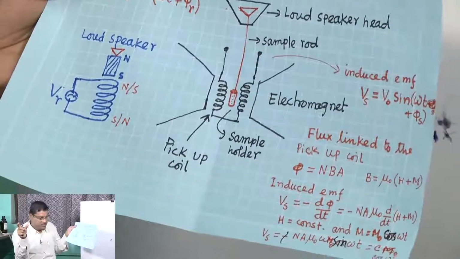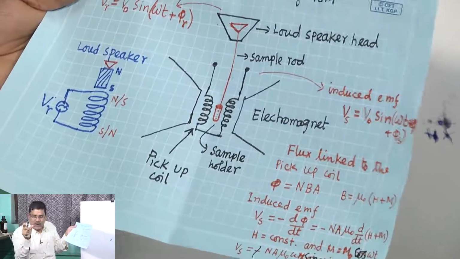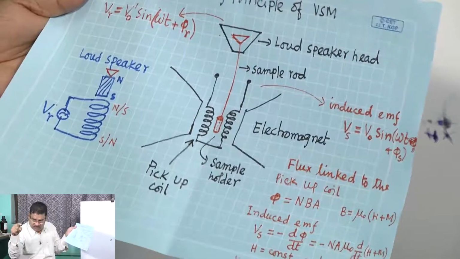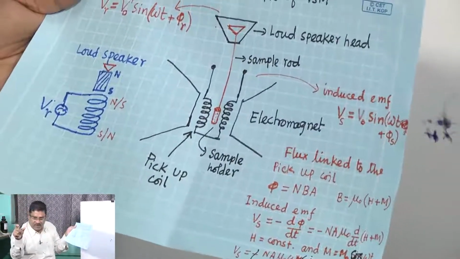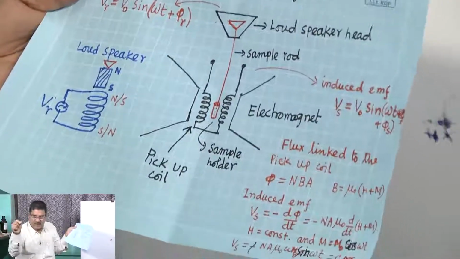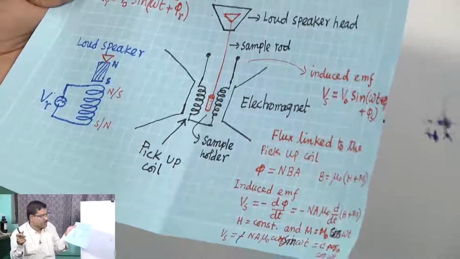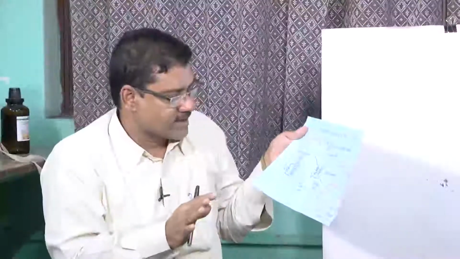Now, magnetization is proportional to V, so that proportionality constant I will find out from known magnetization and corresponding measured voltage. Then for an unknown sample one can do the experiment.